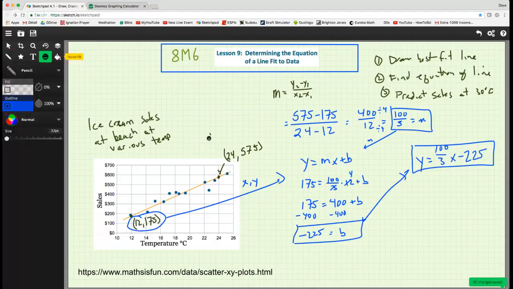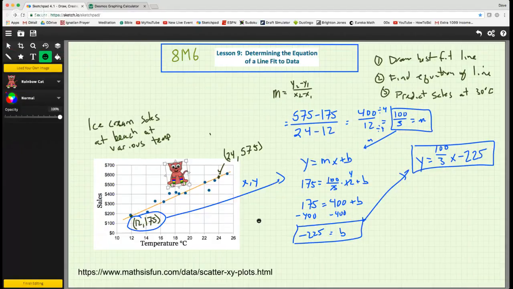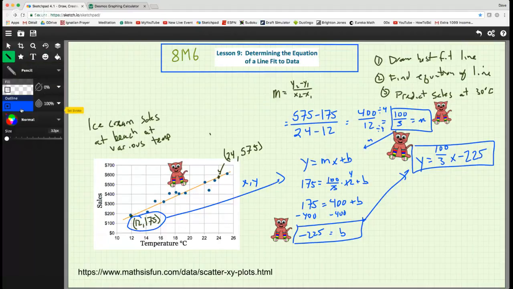So let's take a rest here. Happy cat for our straight line, happy cat for our b, happy cat for our m, happy cat for our equation. And now let's predict the sales when we get to 30 degrees. So y equals 100 over 3 times x, which is going to be 30, minus 225. Cross 10.